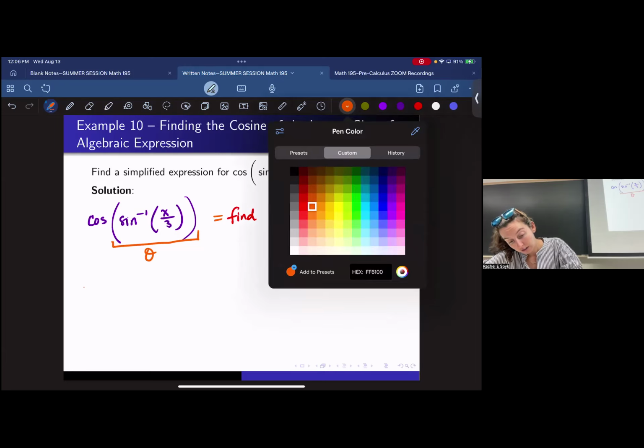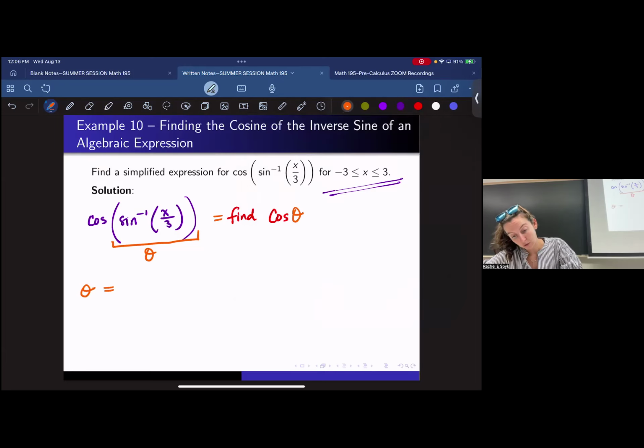And so our theta now is equal to sine inverse of x/3. So what does that tell us? That tells us, okay, well, sine of theta gives us x/3. So sine of what angle will give us x/3?